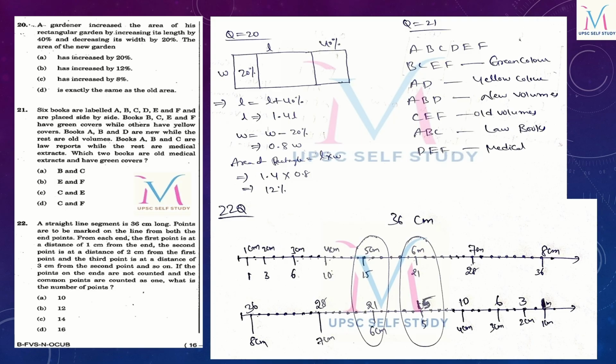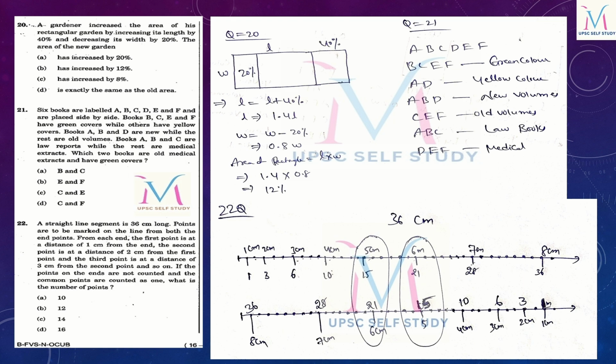Again in the second line segment, the 1 centimeter and 36 centimeter points should not be counted. Both end points are not counted and the common points are counted as 1.